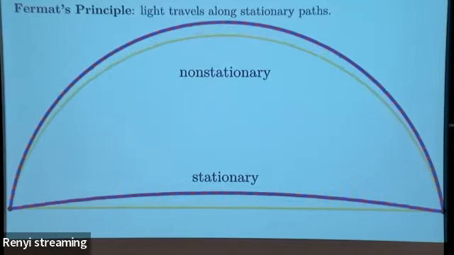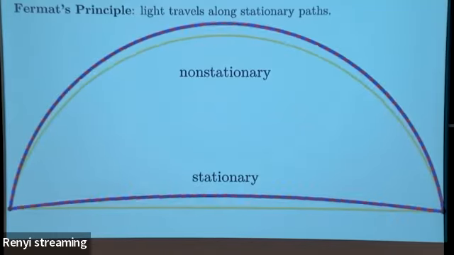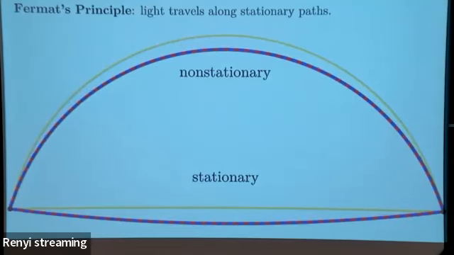But now maybe you have a question, or at least I have a question for you. We've shown that light travels along stationary paths, but are there any examples where the previous version of Fermat's principle, that light travels along shortest time paths, is false? Are there any stationary paths that are not shortest time paths?